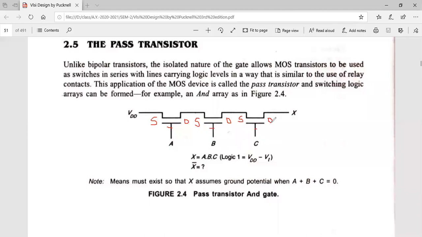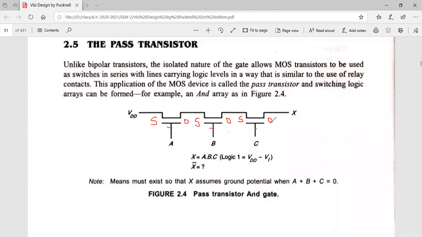Whatever the case may be, we are connecting these three transistors A, B, C to act as an AND array, right?